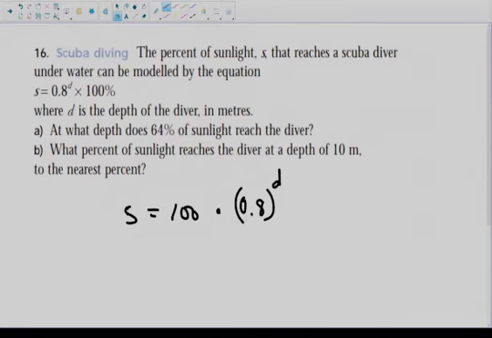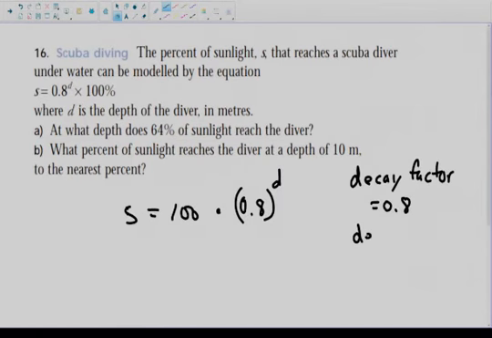Now, before I get to that, let's talk about the difference between decay factor and decay rate. This is a decay in this case, because this is a smaller number than 1, which means we're losing sunlight, okay? If I ask you what is the decay factor, the word factor means things that multiply, that would be 0.8.